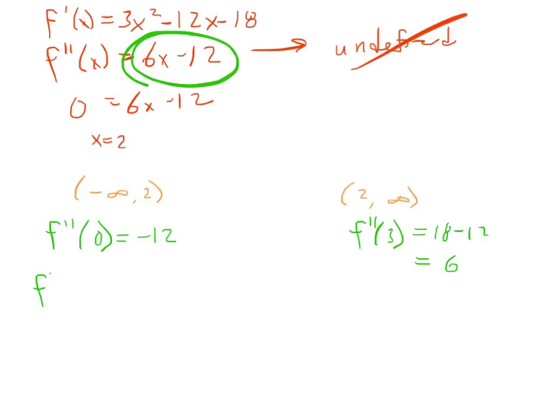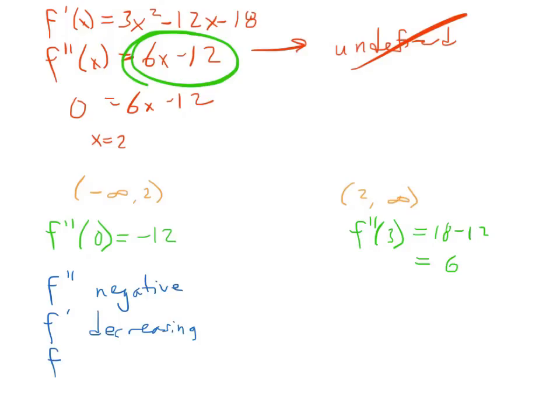So in this case, I have the second derivative being positive. Oops, I'm sorry. I have the second derivative being negative. Furthermore, I think this is supposed to be the blue color. So this is where my second derivative is negative. That means the first derivative is decreasing.